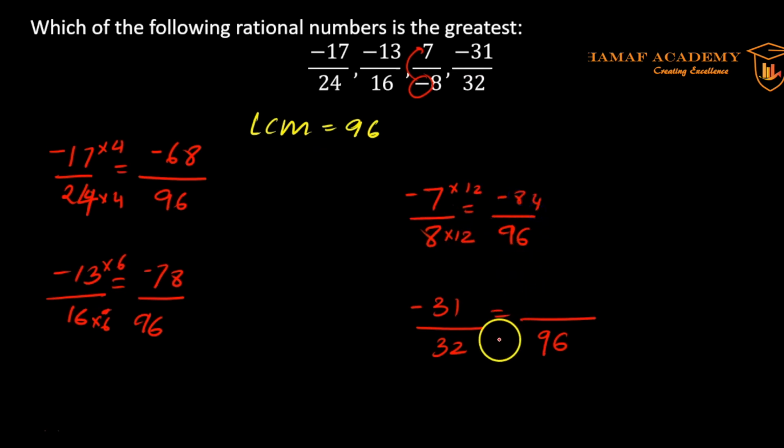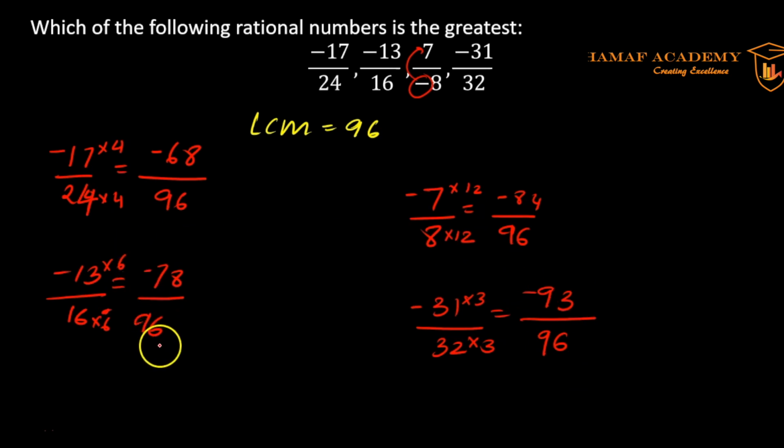And then I have 32. 96 divided by 32 gives me 3. So 32 times 3 and 31 times 3 gives me negative 93.